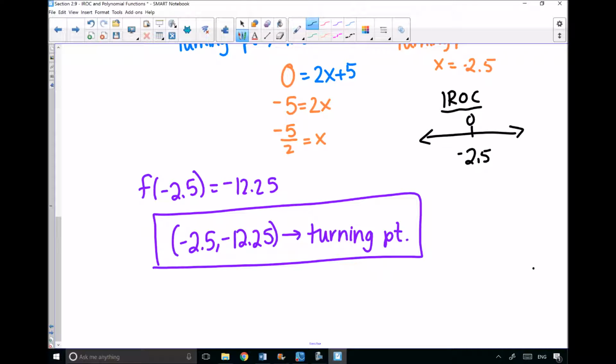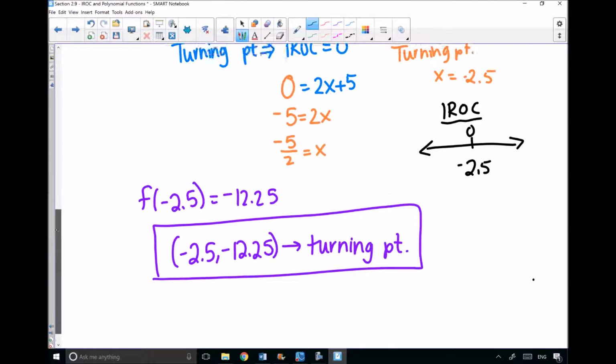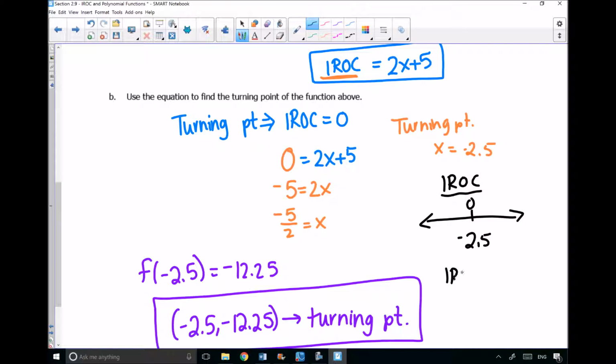So I'm going to use my rate of change formula, which is 2x plus 5. Before negative 2.5, I'm going to choose any x value, so I'm going to test a value. Let's test negative 3. So when I do this, I'll get 2 times negative 3 plus 5. So I get negative 6 plus 5, which is negative 1.